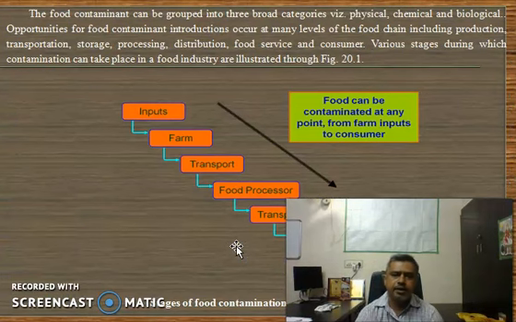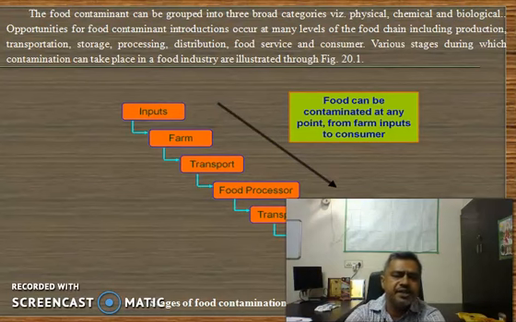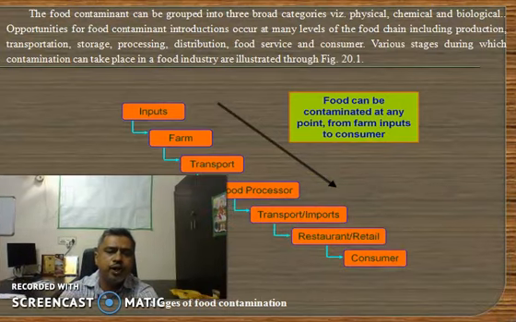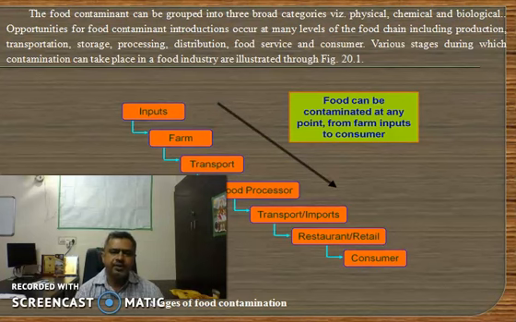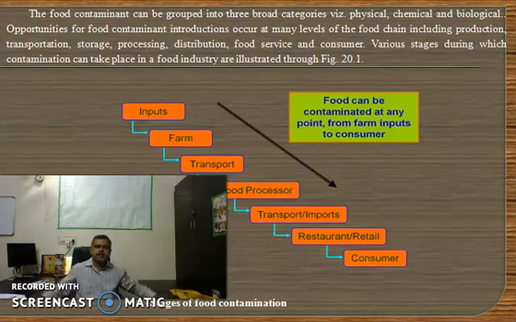Okay, food contaminants can be grouped into three broader categories. What are the three broader categories? Stages of food contamination are possible through these steps. Opportunities for food contaminant introduction occur at many levels of the food chain, including production, transport, storage, processing, distribution, food service and consumers.